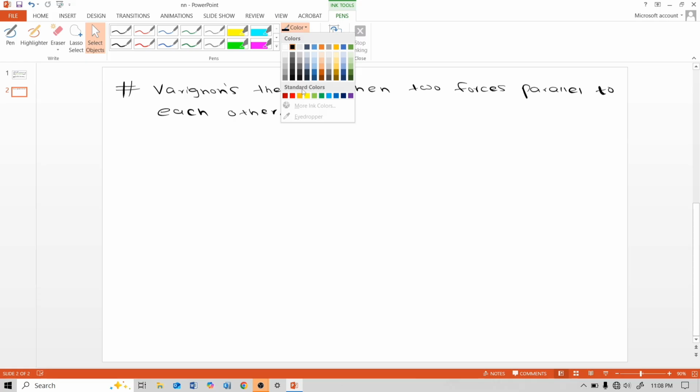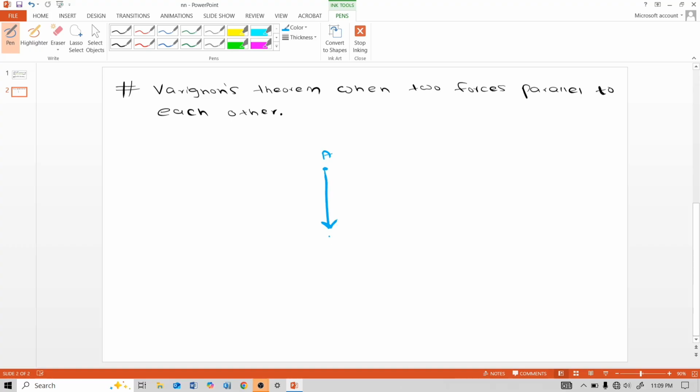So let us consider this as point A, and here this force as P, and here point B. Let us consider this force as Q. So these two forces P and Q are parallel to each other and they are in one plane.